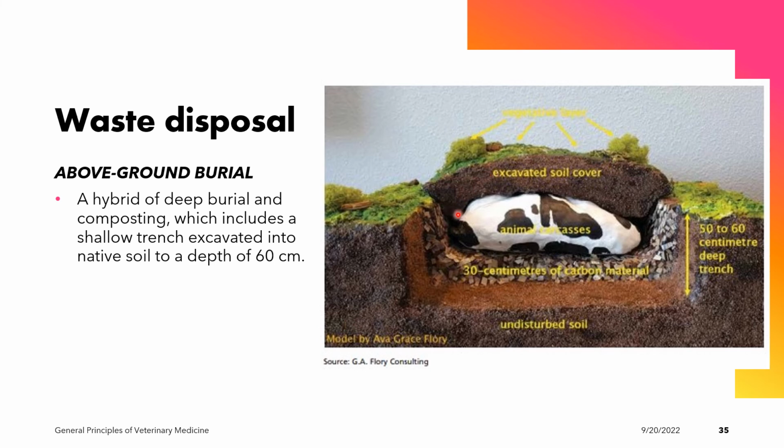We have here a shallow trench that was utilized for this particular method. And we also have a 30 centimeter layer of carbonaceous material placed at the bottom of the trench, followed by a single layer of animal carcasses.